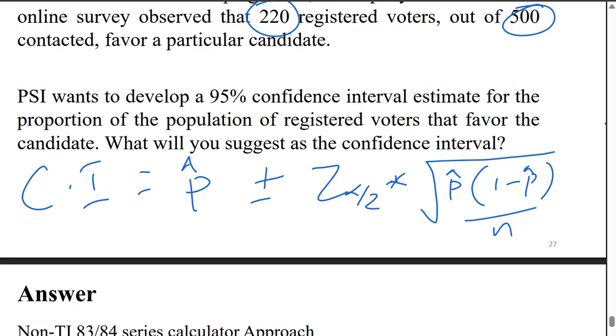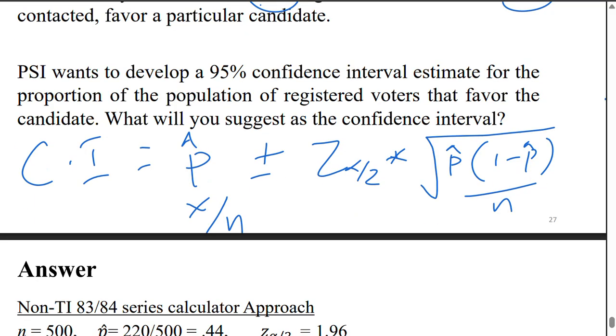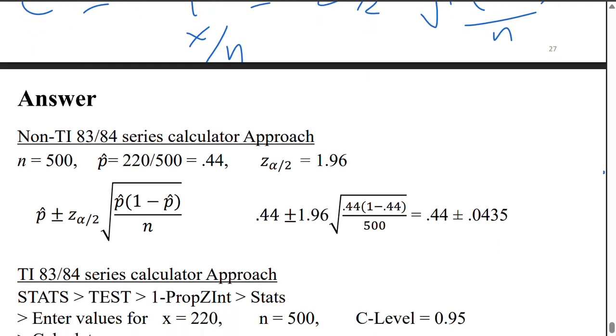Our sample proportion p hat is calculated by dividing x over n. x is the 220 registered voters out of the 500 who said they will favor a certain candidate. And so in our calculation here, we are going to divide our x of 220 by 500, which will give us a sample proportion of 0.44.